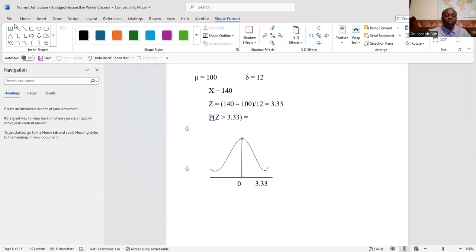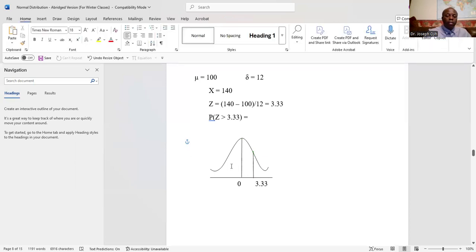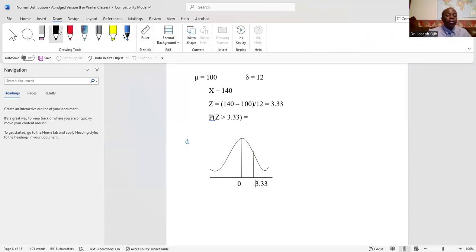Then put the line that represents 3.33, which is right here. And they say more than that, so we want to shade the part more than that. More than 3.33, that means this is a part of it. So shade it.